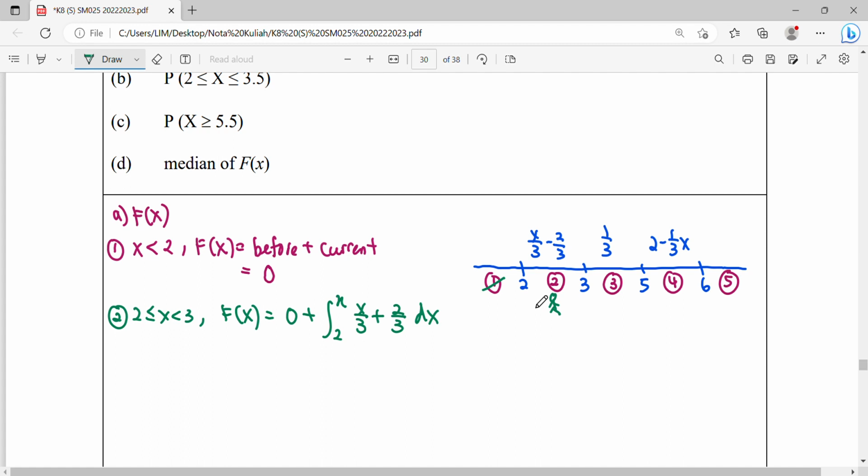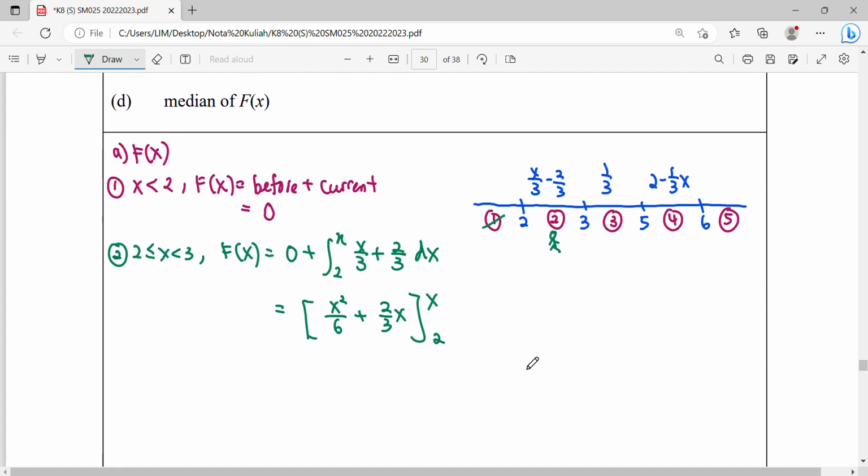Alright. So integrate this. Power plus 1 over new power. Integrate constant 2 over 3x, upper limit x, lower limit 2. Upper limit x means currently the random variable, random variable yang semasa punya perubahan di sini. So kita tak tahu x. So bila kita nak substitute x, jangan risau. Bila kita substitute x, maksudnya it will be in terms of x, maintain at x square over 6 plus 2 over 3, minus lower limit 2.